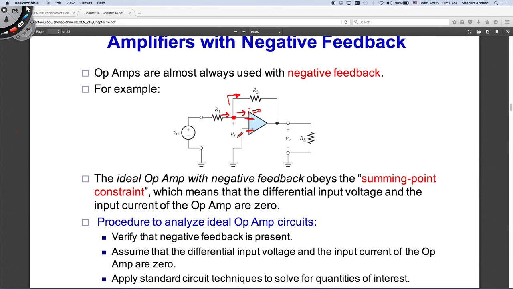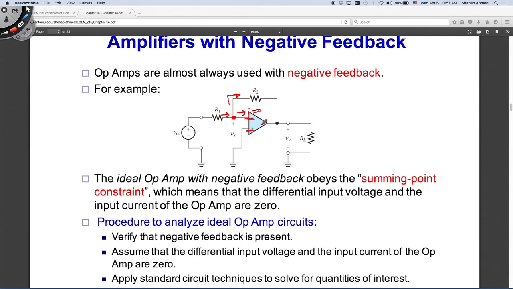The other aspect of the summing point constraint is anytime we have this negative feedback, what did we do? We had a positive voltage here, connected to this terminal. This caused a certain value for Vx.